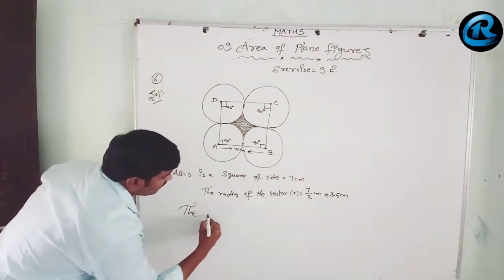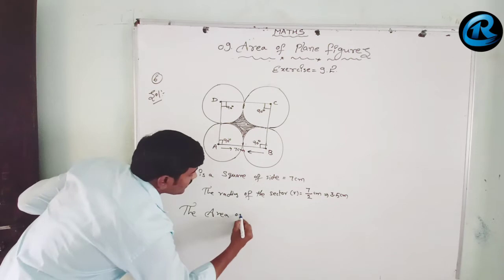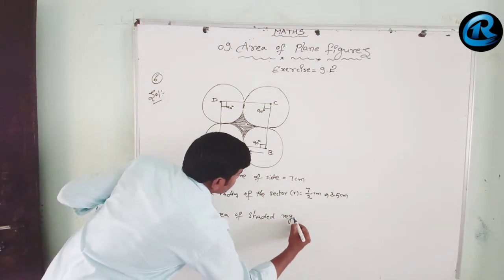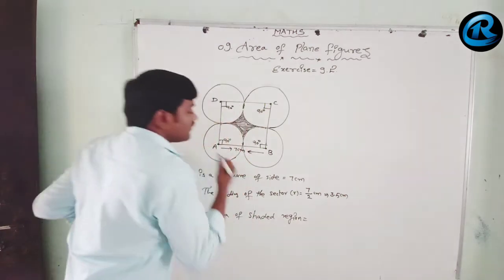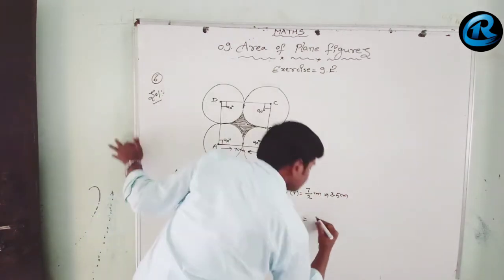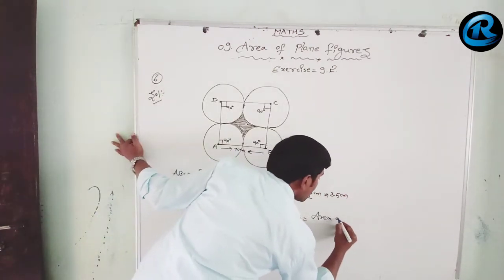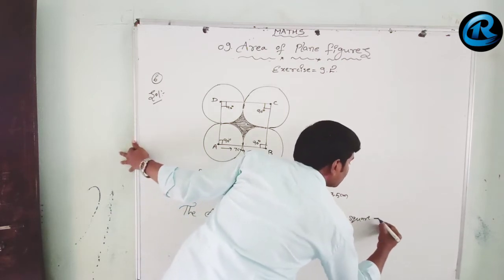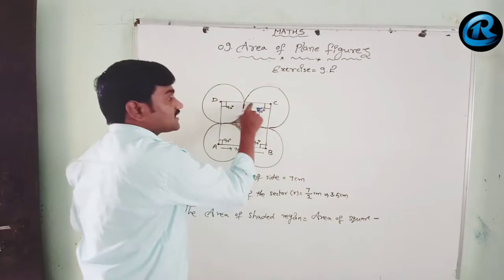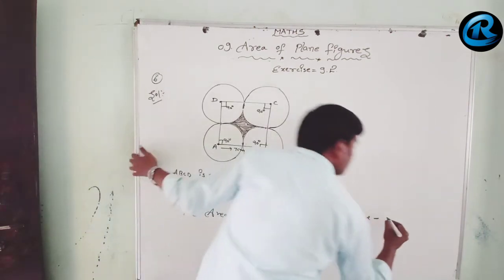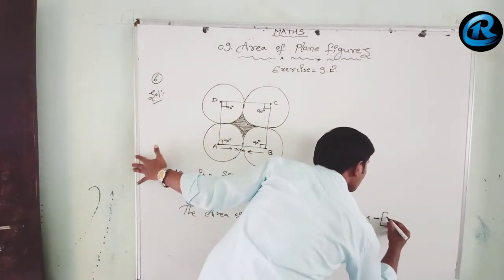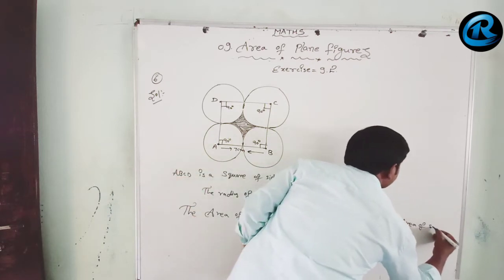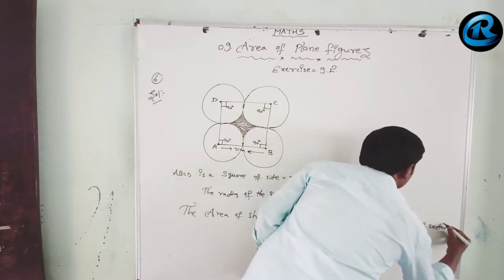The area of shaded region is equal to area of square minus 4 into area of sector; 1 2 3 4 sectors. Area of square formula is side into side. Minus 4 into area of sector.